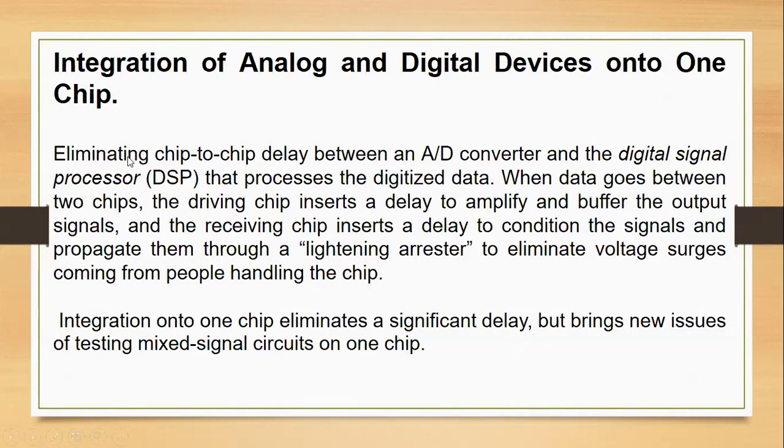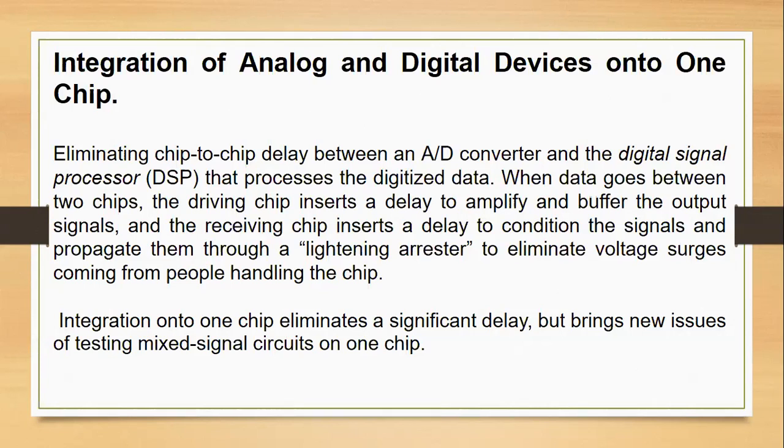So any processing of signal information from the analog-to-digital conversion, or within the digital signal processors, is treated as digitized data itself.